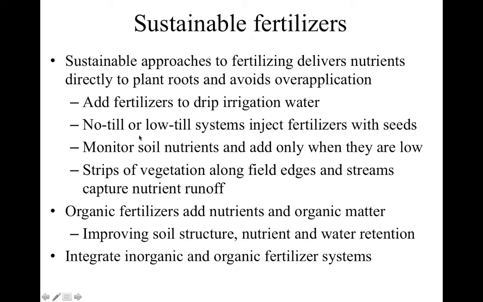If you use low till or no till systems, then when the seeds are planted, there's a device that's going to inject the seeds directly into the soil, and you can inject the fertilizers along with them in much the same way. This point here, monitor the soil nutrients and add only when they are low.